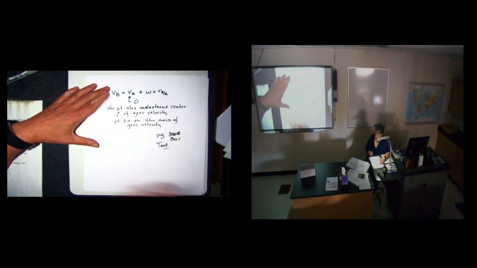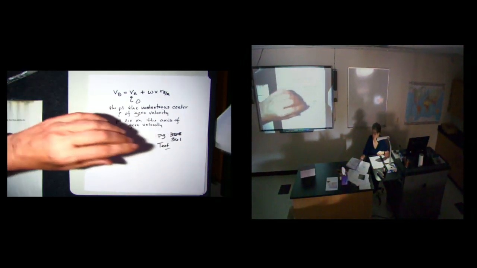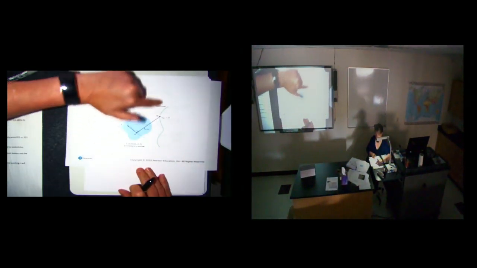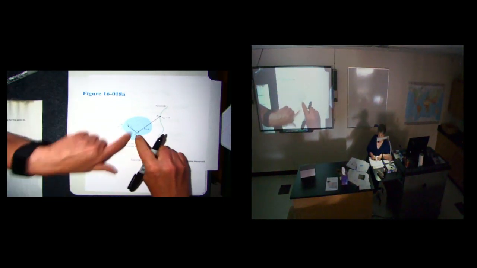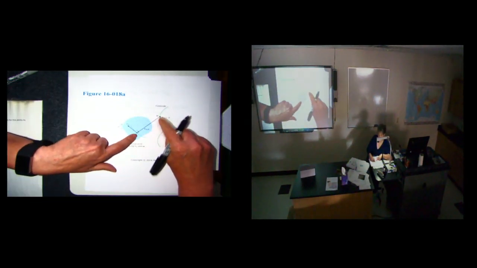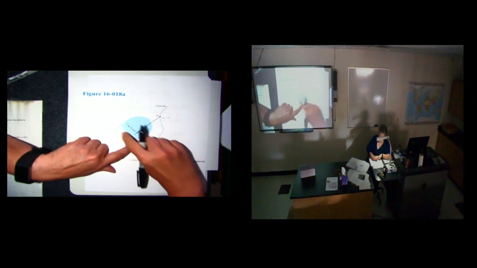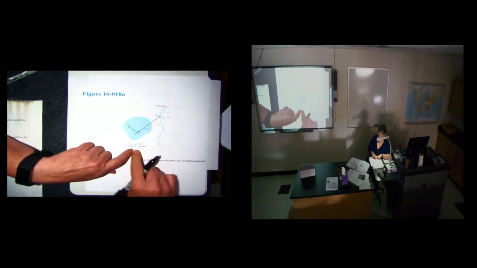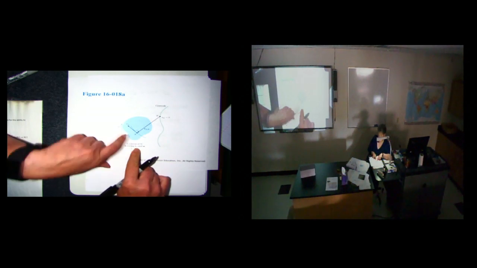You've got to work a few problems, because otherwise it takes a while to figure out how am I really going to use this, how am I going to play with this, and how am I going to find it. So we'll do that, then come back tomorrow and do it again, and I'll give you a different way to look at this instantaneous velocity.